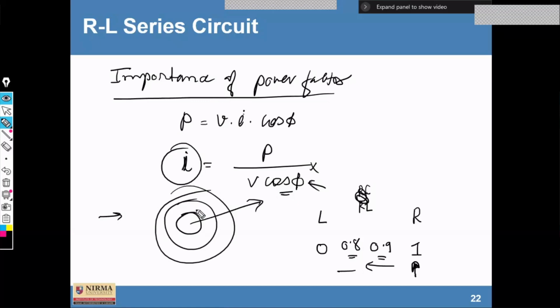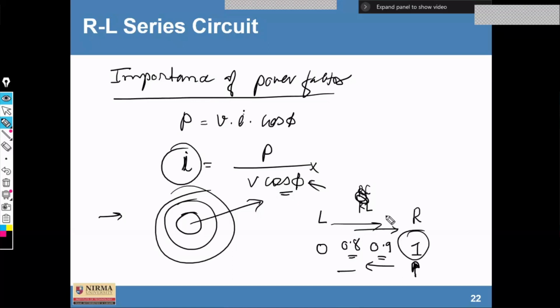So whenever we purchase or design any electrical gadgets, we must try to tend towards unity power factor. Practically it is not possible to reach unity, but we try to.